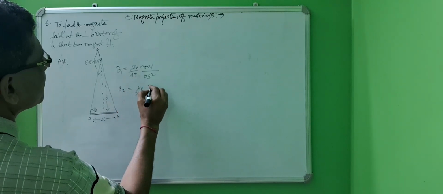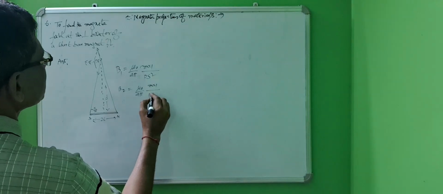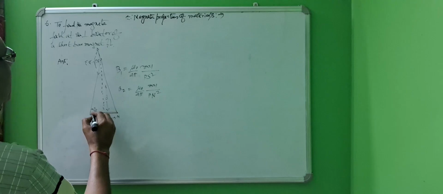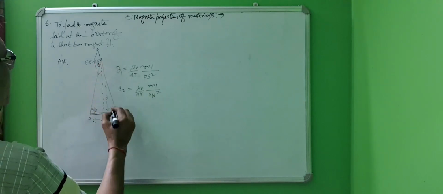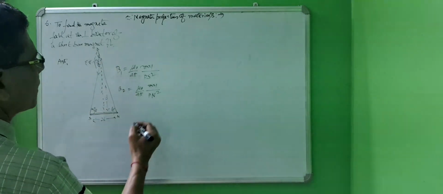mu 0 upon 4 pi m upon PN square. And suppose this angle is theta, this angle is also theta, so the total angle is twice theta.